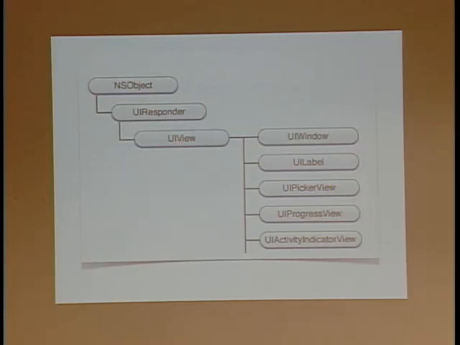So we've got window, which we talked about. It's just another type of UIView. We have labels, pickers, which look like those jackpot things in Vegas where you pull the slot thing. It's basically Apple's way of taking care of drop-down menus. On the iPhone, you don't really have drop-down menus. Instead, you have this thing, and we'll look at the picker in a second, but it makes it easy to choose things. A progress view, activity indicator. Pretty obvious from the name what some of these do.